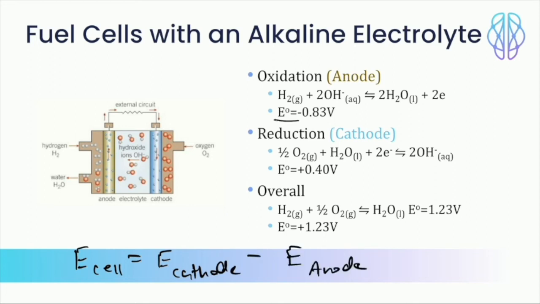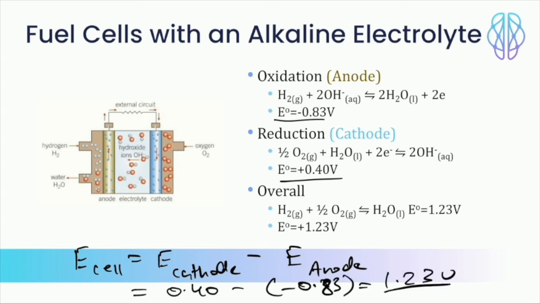You can grab the potentials for the half reactions from your data sheet, and if you plug them into the formula, you get 0.40 minus negative 0.83, which is 1.23 volts, which is exactly the same as the electric potential of the acidic electrolyte hydrogen fuel cell. So thus, it's important to understand that both cells produce the same potential. They just do it in different ways.